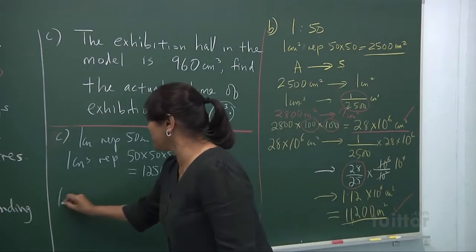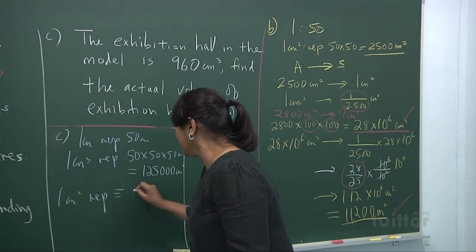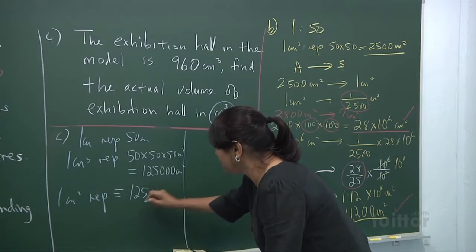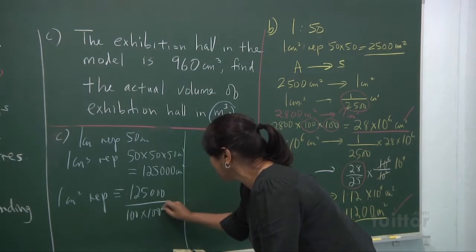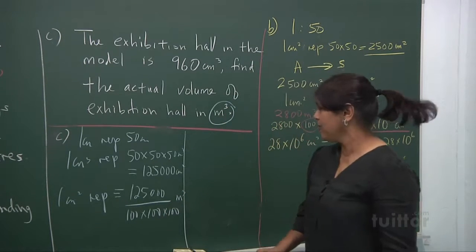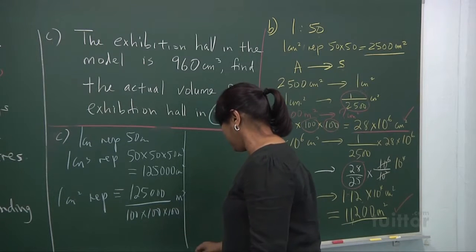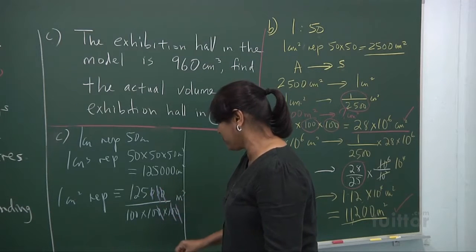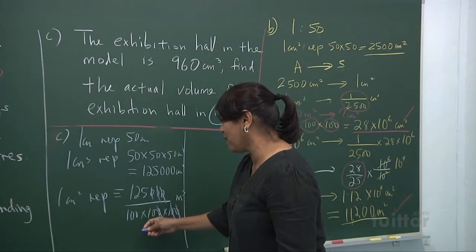So 1 cm cube represents 125,000. We divide it by 100, 100, and 100, and we get meter cube. So we can see the 2 zeros here. We can cancel off the zeros. Cancel off one more zero. And what we've got is 125 over 1,000.